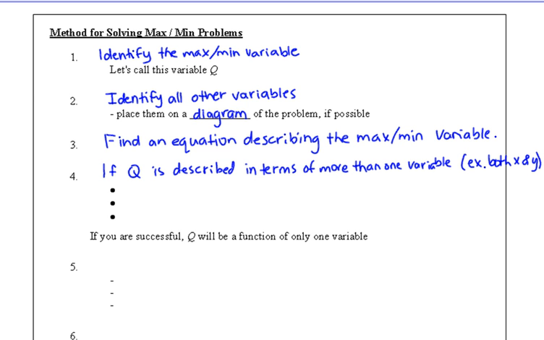So how do we do that? How do we get rid of one of those variables? We need to find a relationship between those other variables. So find an equation between the variables x and y in this case.